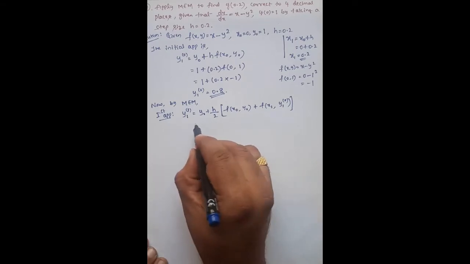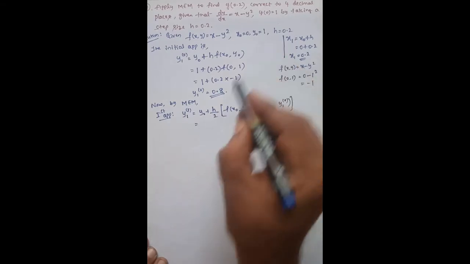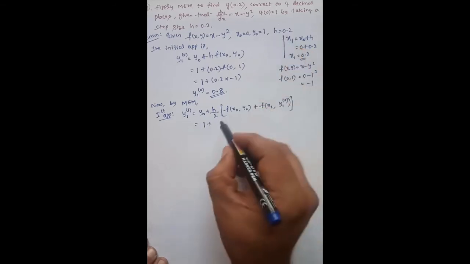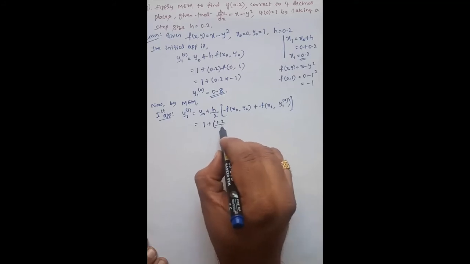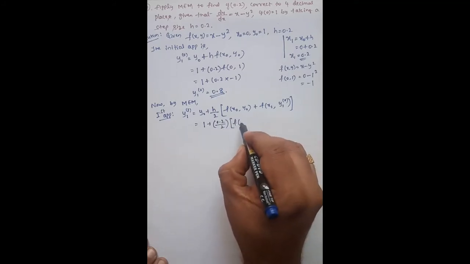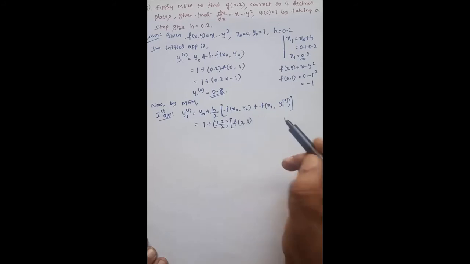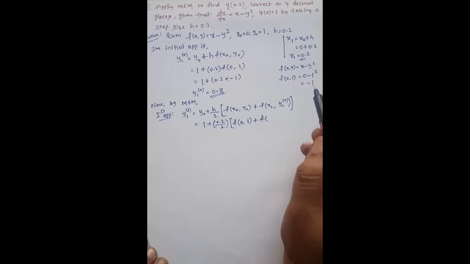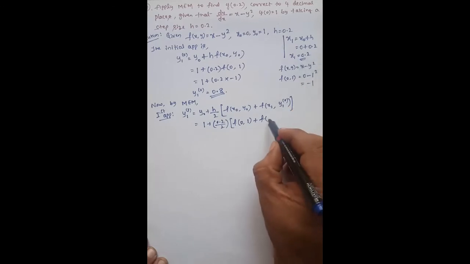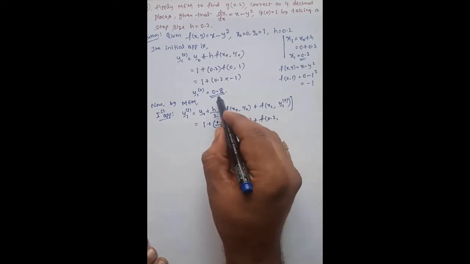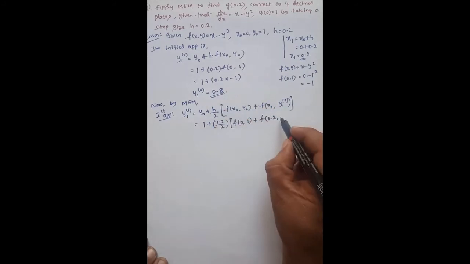Substitute the values. So you know y0. What is y0? 1 plus h. What is h? 0.2. So it is 0.2 divided by 2 into f of x0, x0 is 0, y0 is 1, plus f of x1. What is x1? x1 is 0.2 comma y1 power 0. y1 power 0 is the initial approximation, and here it is 0.8.